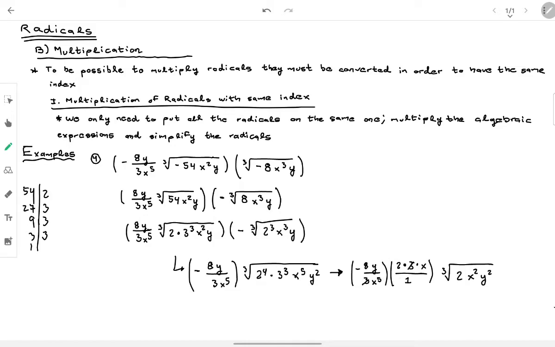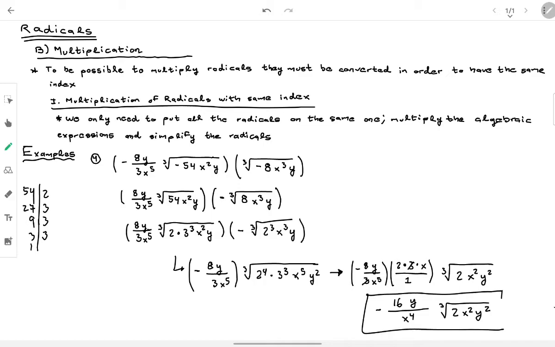X to the 5 and x, it's going to be negative, the answer. 8 times 2, it's 16. X and x to the 5 is going to be x to the 4 on the bottom part. Y, we only have it on top. That multiplies the cubic root of 2x squared y squared. And this one is going to be our final answer.